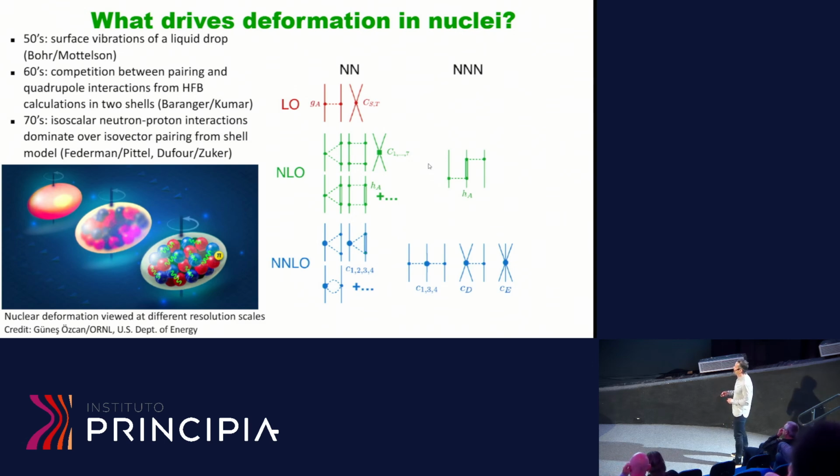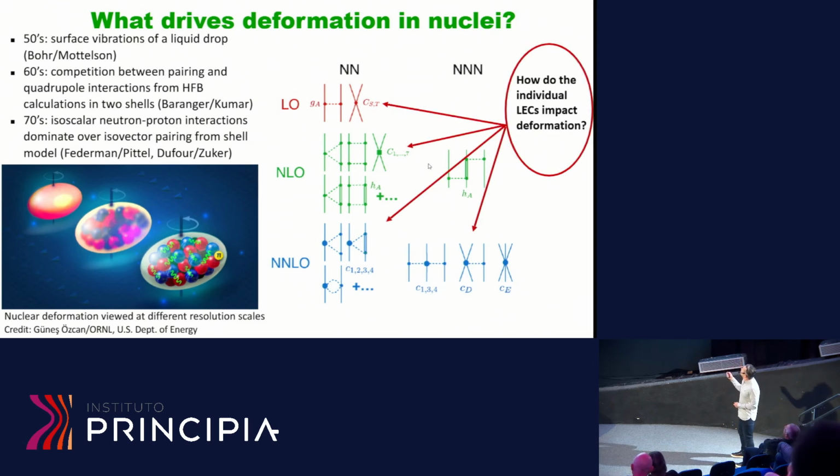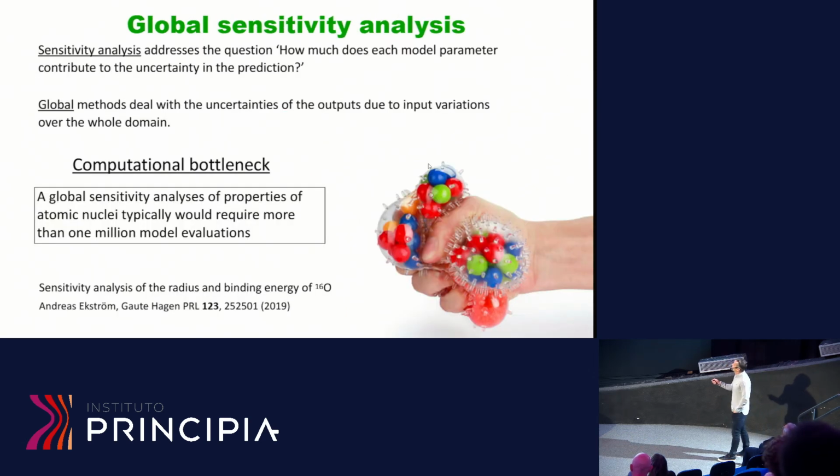So the question we would like to answer is how we can understand the emergence of deformation from the underlying interactions that we employ. And specifically, how sensitive is deformation to variations of the low-energy constants that we have in this chiral effective field theory approach to describing nuclei. So the basic tool is what we call global sensitivity analysis.